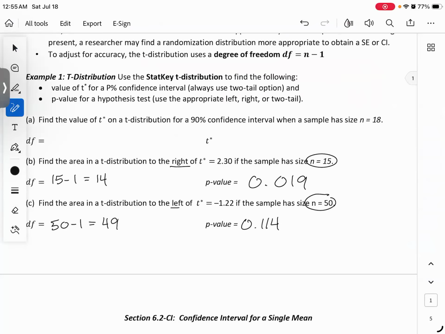Now, the other thing we'll be doing, not just hypothesis tests, left tail, right tail, p-value, reject, don't reject, we're also going to use it to get what our t star value should be.